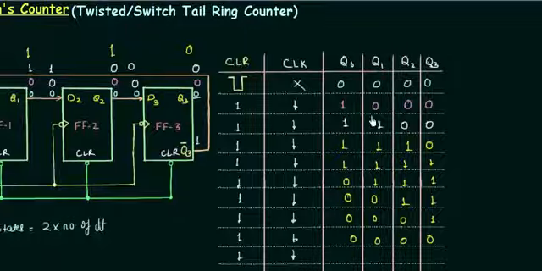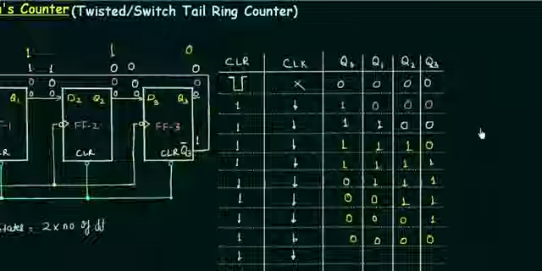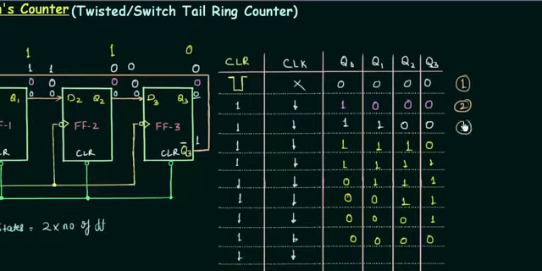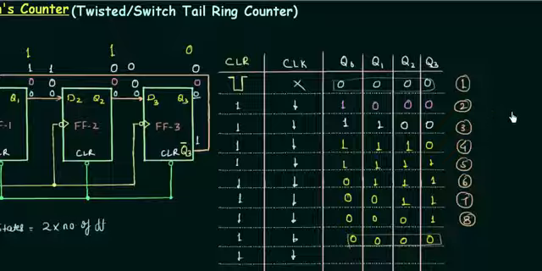So this is the complete table for the Johnson's counter, and let's see how we have the 8 states. 0 0 0 0 is state number 1. 1 0 0 0 is state number 2. Then we have states 3, 4, 5, 6, 7, 8, and finally we have 0 0 0 0, the same as state number 1. So you can see we have 8 states in the Johnson's counter.